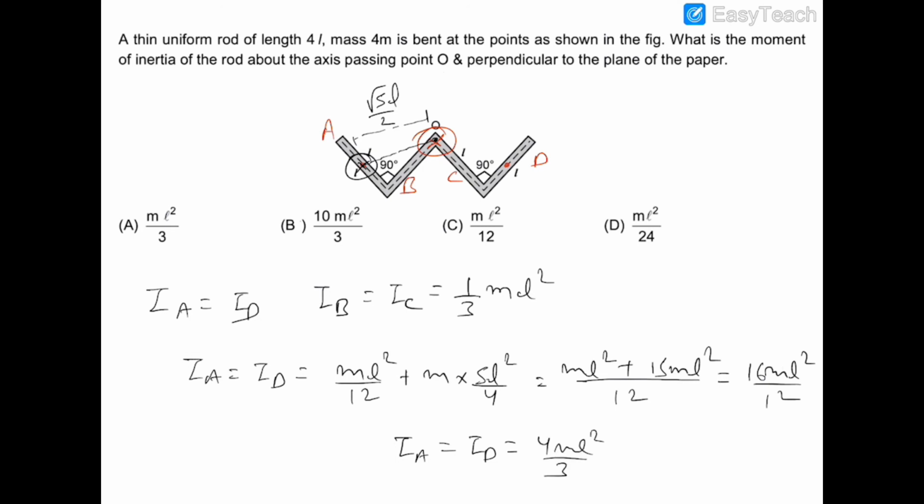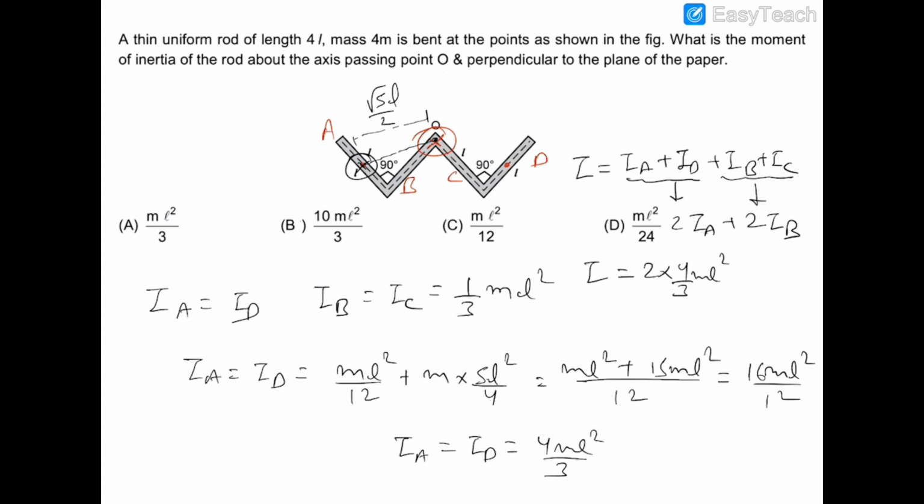Now the total moment of inertia would be IA plus ID plus IB plus IC. So this is twice of IA and this is twice of IB.